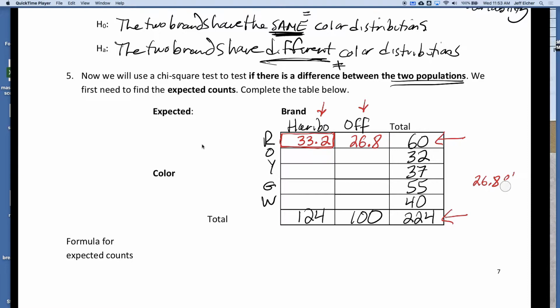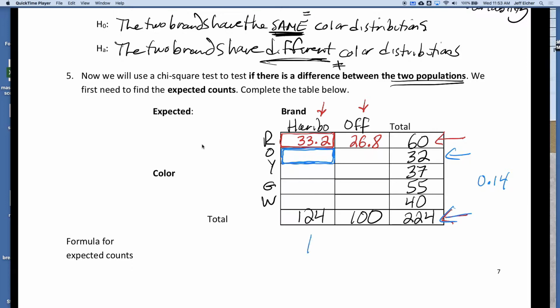So would anyone in the room like to figure out what you would do to calculate this blue box here, the orange Haribo expected count? Do 32 divided by 224 and then multiply it by both the sample sizes. Perfect. That's roughly 14%.